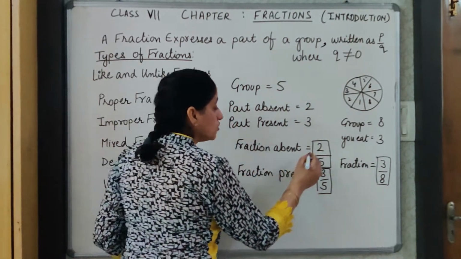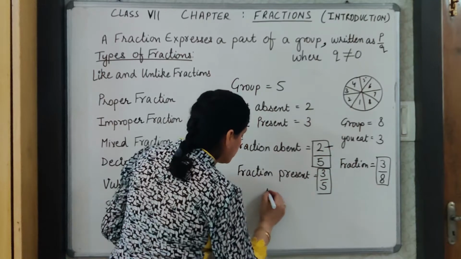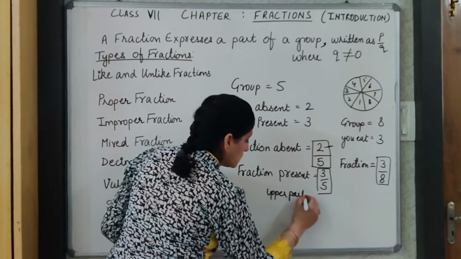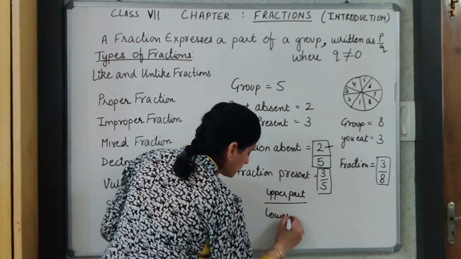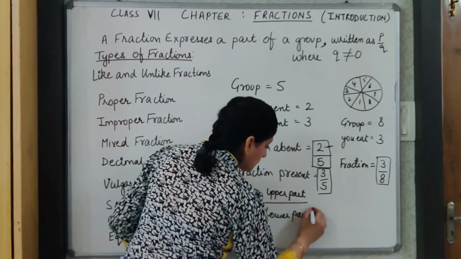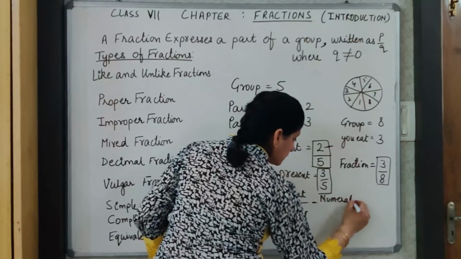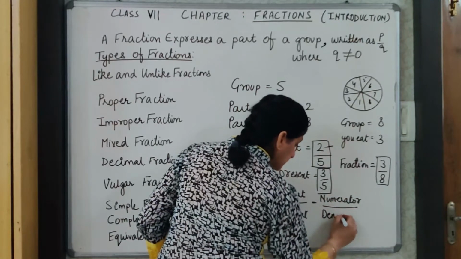Okay. So this is the numerator. The upper part is the numerator and the part below the line, that is the lower part, is called the denominator.